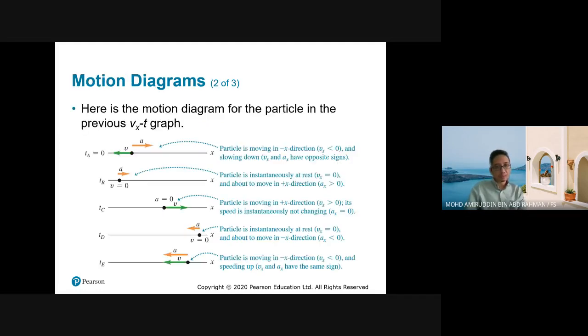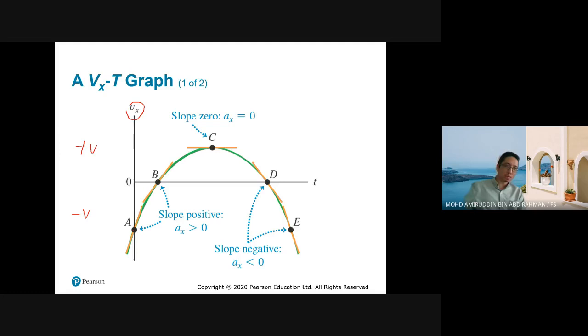And now the particle is instantaneously at rest. At B, you have zero velocity, so the particle is at rest. Meaning that the acceleration over here is constant. It's not increasing, it's not decreasing, but the acceleration is constant because you have a flat, zero velocity.